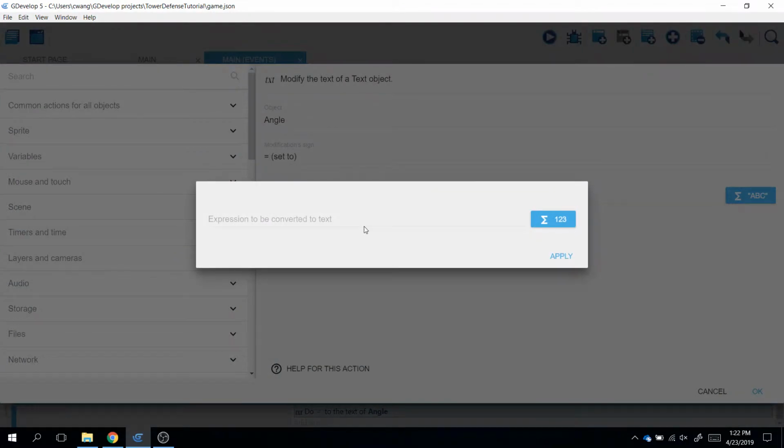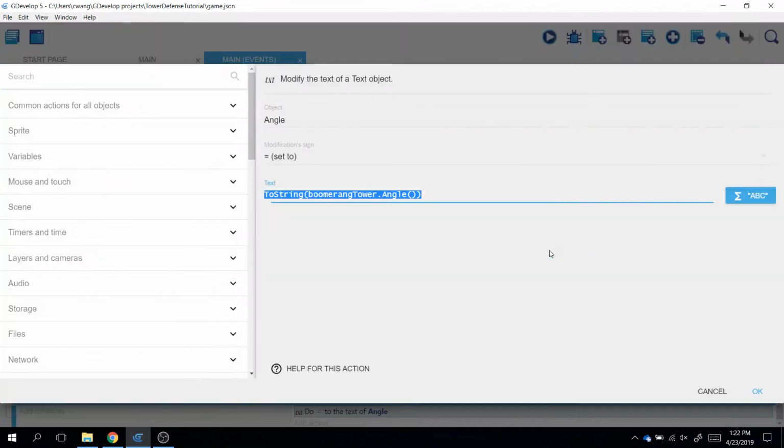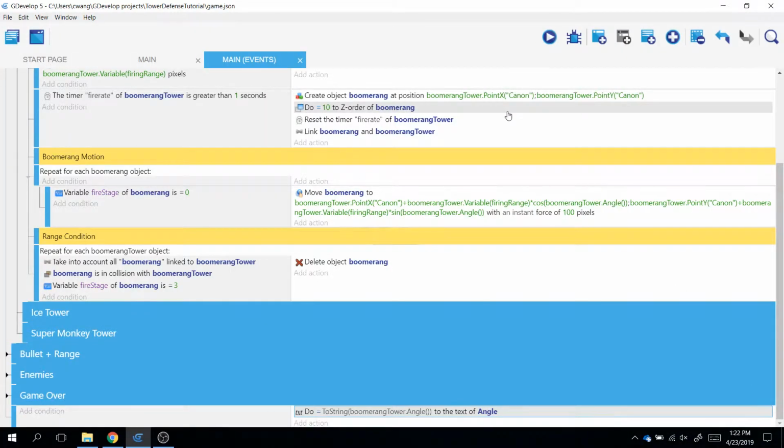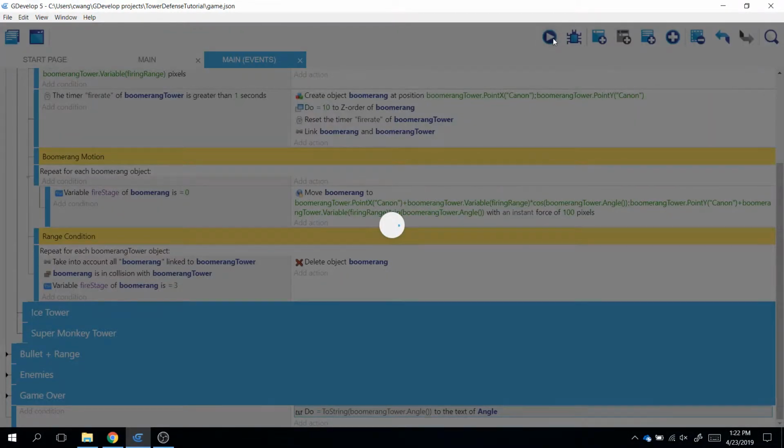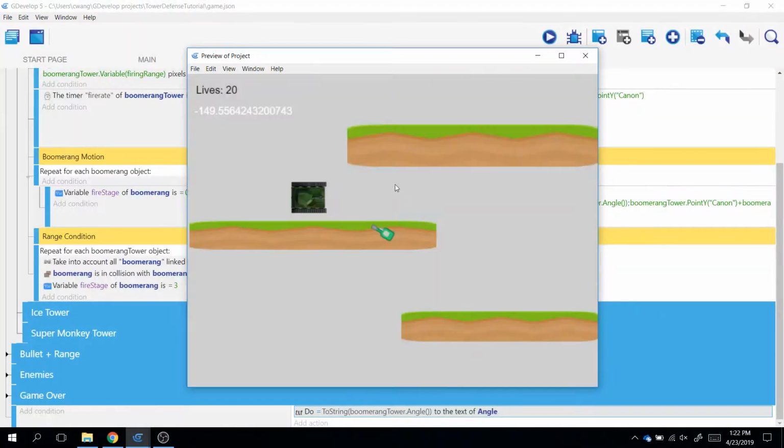Number of text. Can't do this. Maybe. Will that work? Well, let's try it out. Hey, it works. Kind of.